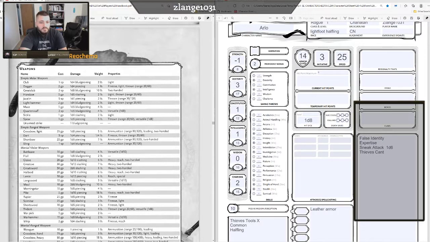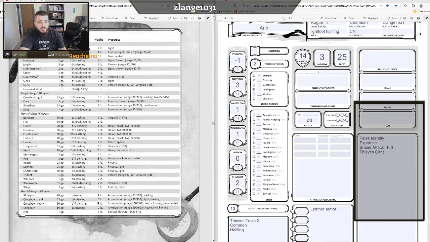Simple, yeah, I think it was all simple. I'd pull it back up, but that's a lot of scrolling. So you've got clubs, daggers, great clubs, hand axe, javelin, light hammer, mace, quarterstaff, sickle, spear, unarmed strikes. That's considered a simple weapon. Huh. Usually that's something completely different. Anyways, you've got your light crossbow, dart, short bow, and sling.